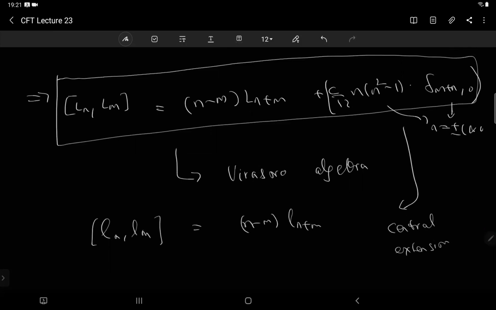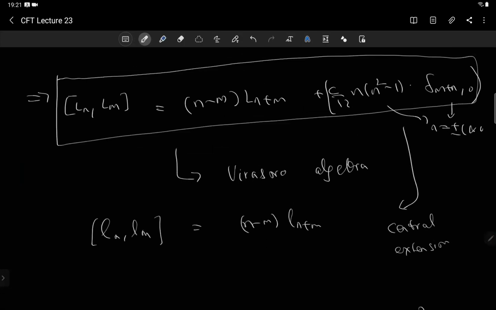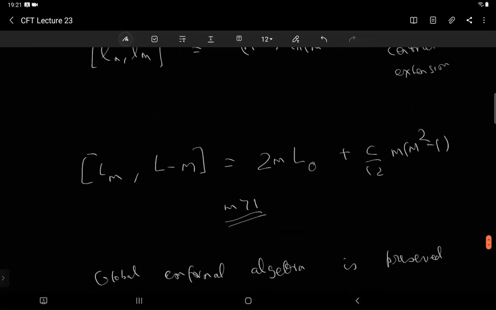So only when, if one is Lm and the other is L minus m, will this term be non-zero. Otherwise this term is not there. If I take the L2 and L3 commutator, then the second term is not there, and you only have the first term.